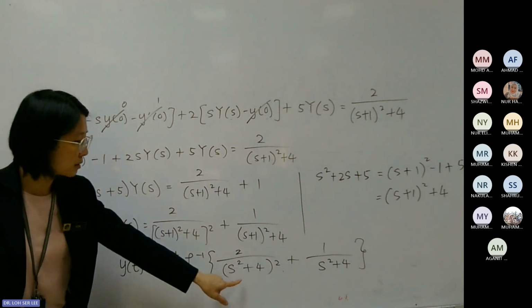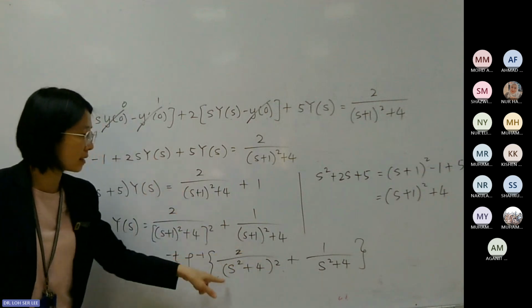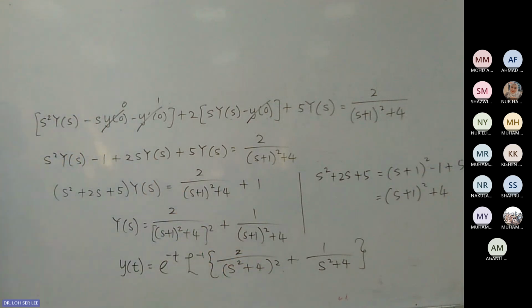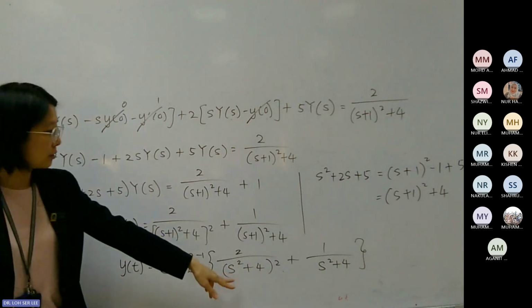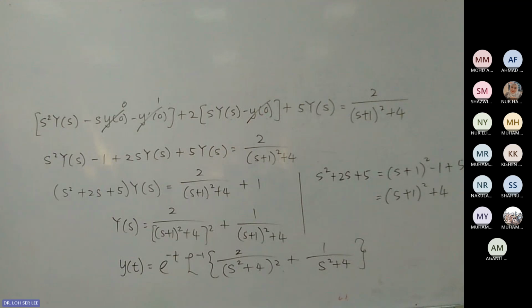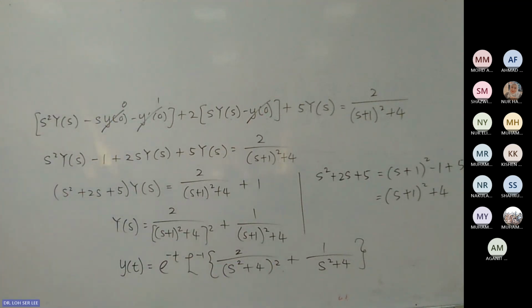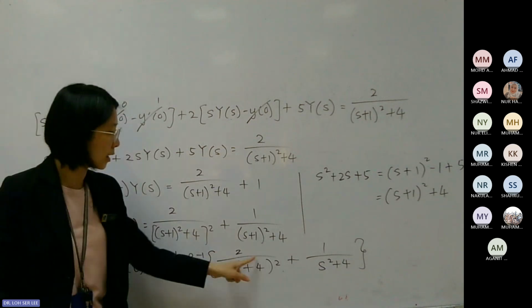Partial fraction, this is a repeated root. If you try partial fraction, you will still get this back, because this is already factorized for you. You still get this back because this is a repeated root one, so you will still get a constant over this.